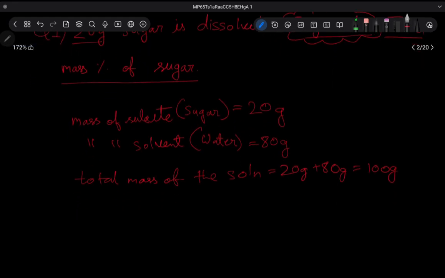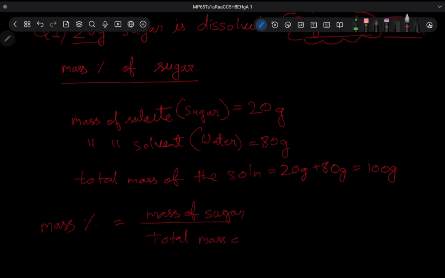So the formula for mass percentage is: mass percentage equals the mass of sugar divided by the total mass of solution, into 100.